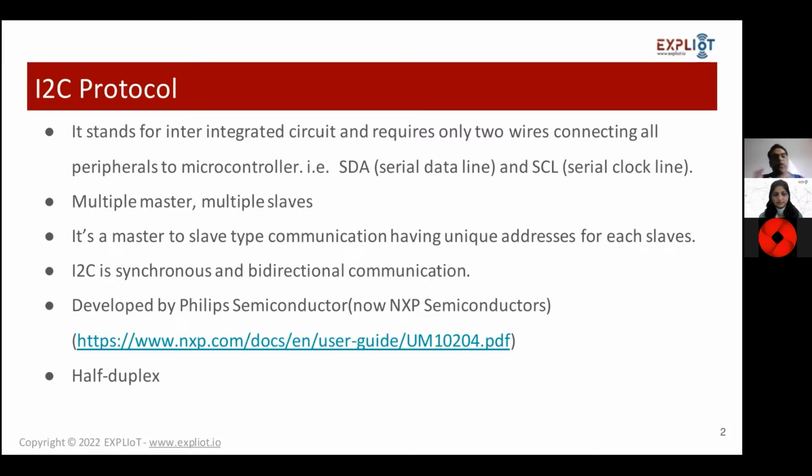Now, to solve that problem, we use a clock. For synchronization purposes, we use something called a clock, and the I2C protocol and SPI protocol come under that category.